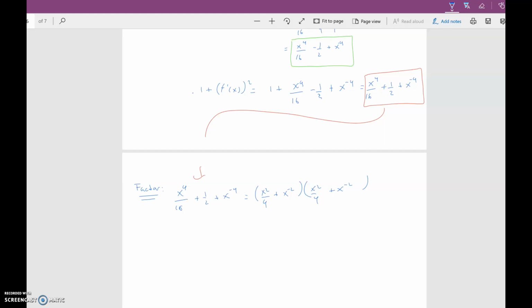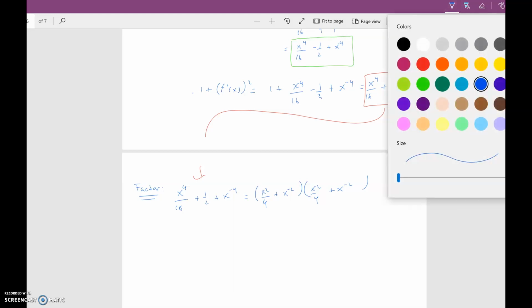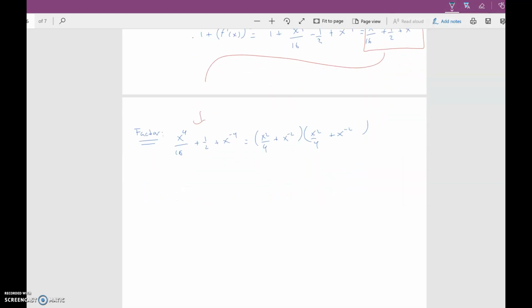And then check it. If you multiply these two, you're going to get x to the 4 over 16. And then if you multiply this one times that one, it's going to cancel the x's. So plus 1/4, and plus your other 1/4, and then plus your x to the negative 4.